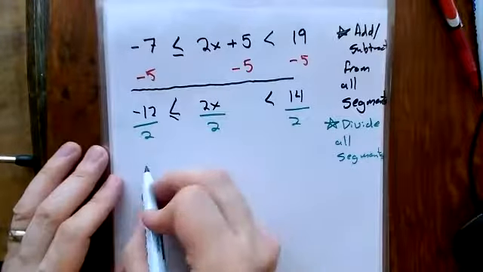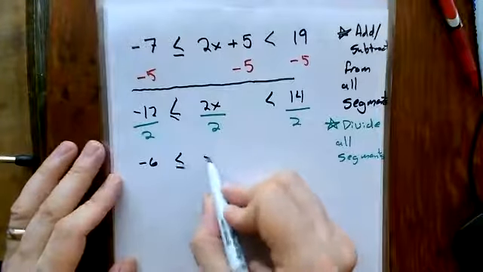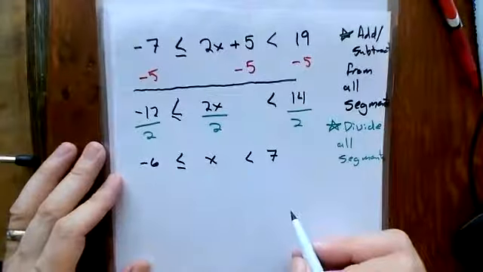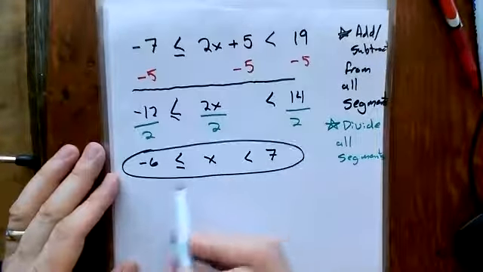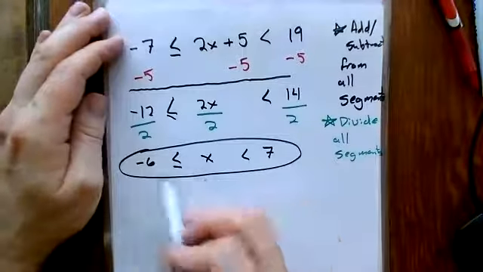That's going to leave me with -6 is less than or equal to x is less than 7. So this would be what this compound inequality simplifies to.